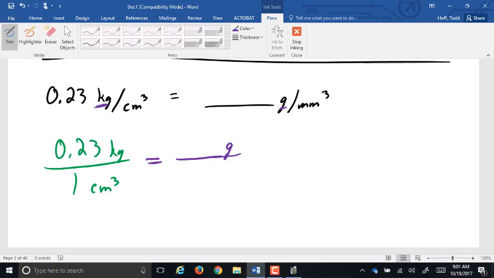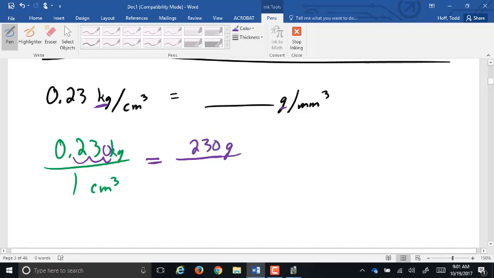From kilograms to grams, we move 3 spots to the right. So 1, 2, 3, add a 0, that's 230 grams. Cubic centimeters are being changed into cubic millimeters. Centimeters to millimeters is 1 spot to the right, but it's cubed, so we have to go 3 decimal points there.